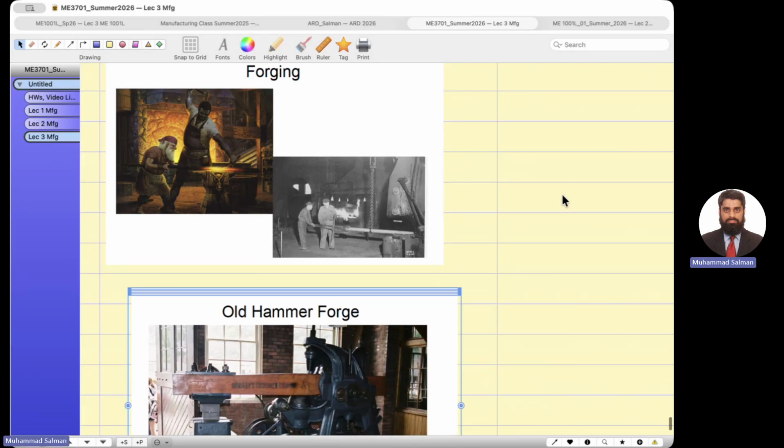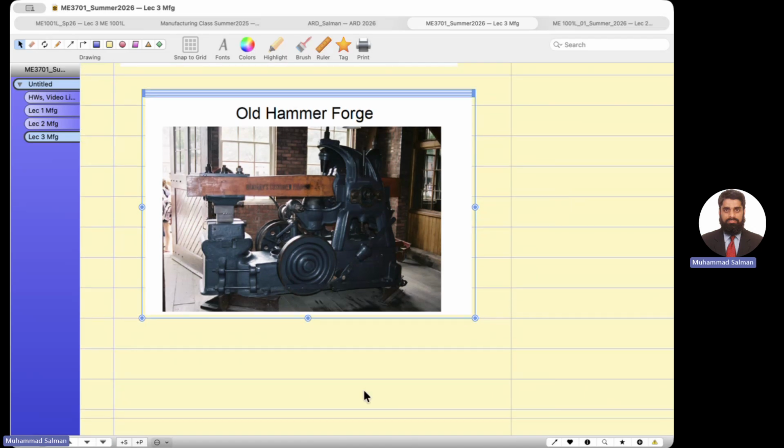This is an example of the old hammer forge.